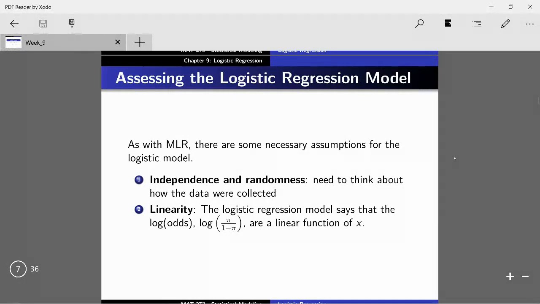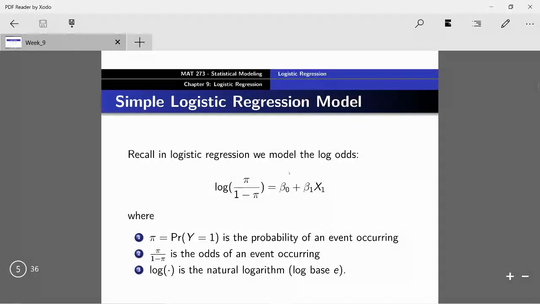Specifically, this model assumes that X is linearly related to the log odds. Okay, so it's not the same as multiple linear regression where just X was linearly related to Y. It's now linearly related to log odds, where pi is the probability of success.